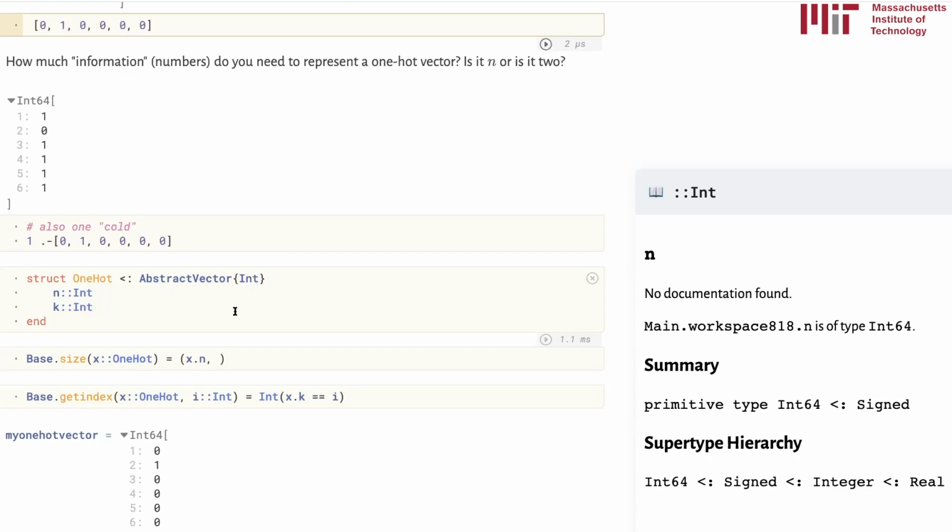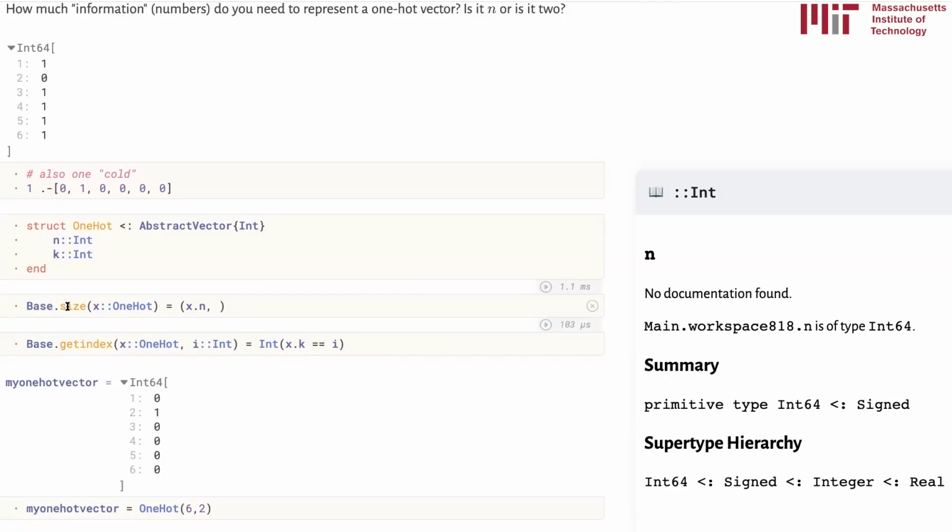So in simple English, we want the OneHat to pretend to be an ordinary vector, even though we're going to store it with a lot less information, wasting a whole lot less storage. So we're going to pretend that a one hot is a vector of integers, but in fact, it's going to be a one hot. Okay, so to create something that has the pretense, you actually need to only define 2 functions.